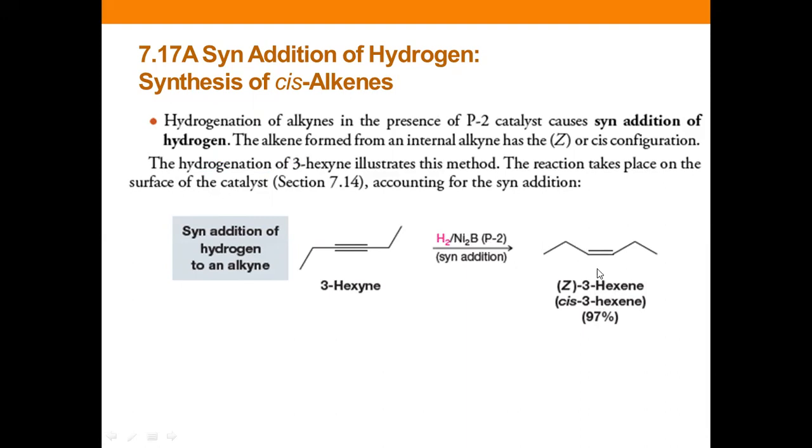What you get actually is a cis alkene here, because there is a syn addition of your hydrogens on the same side. Okay, so cis or Z, 3-hexene. We start with 3-hexyne. We reduce the triple bond, and the alkene that we obtain follows the syn addition if we are using a P2 catalyst. It's a heterogeneous catalyst, the P2 or the nickel boride.